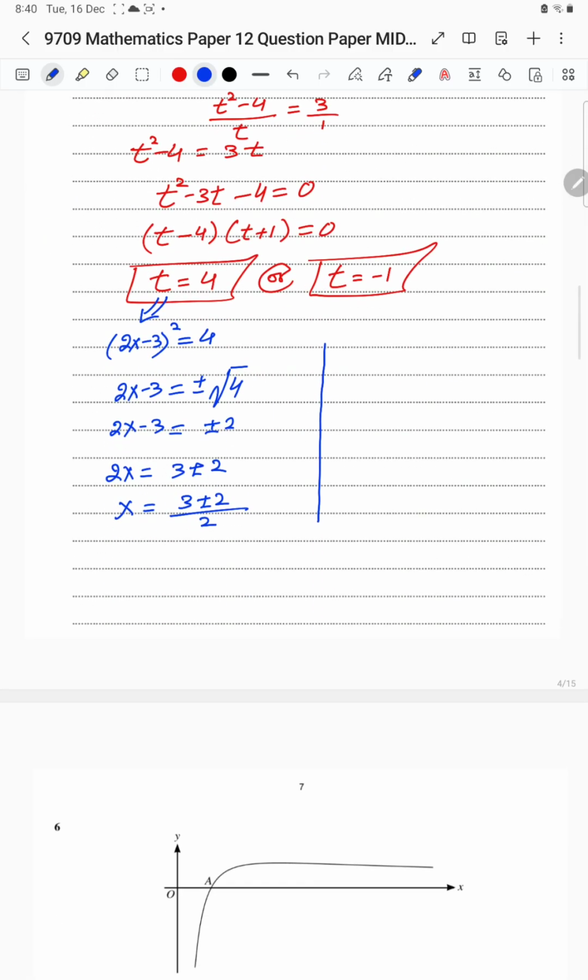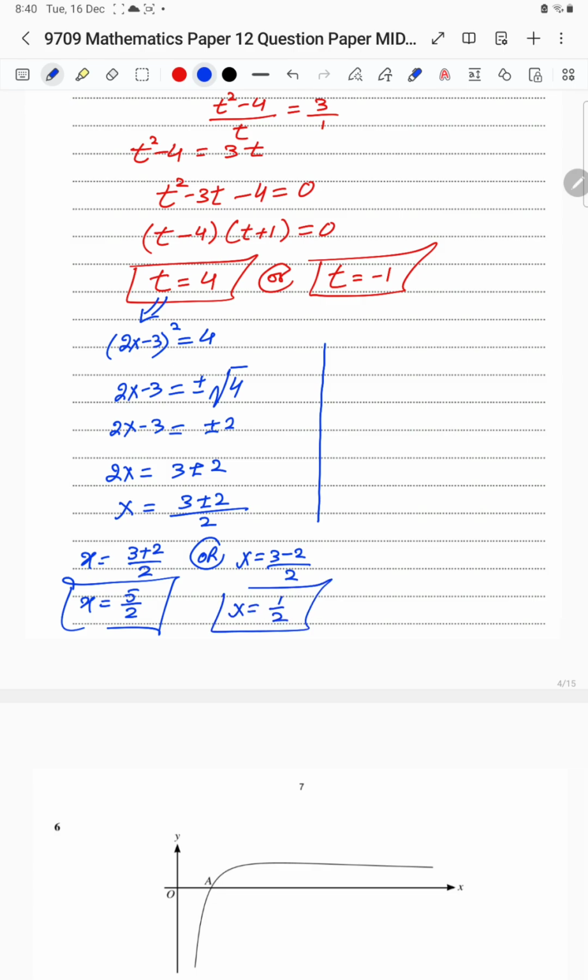Further simplifying, x either will be 3 plus 2 by 2, that is 5 by 2, or x will be 3 minus 2 by 2, that is 1 by 2. We have two values of x here.